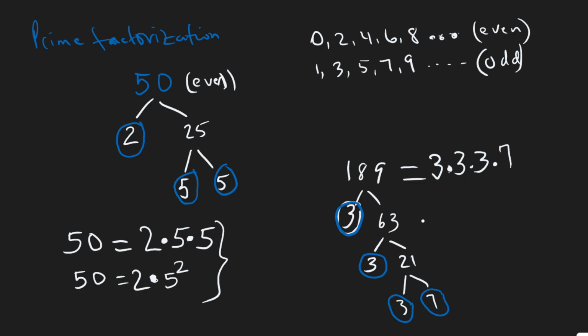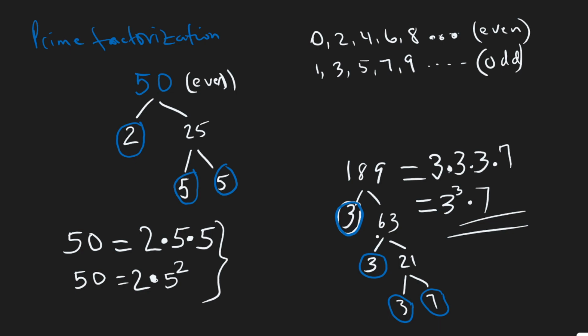But you know what? I can write this. How many times have we taken 3 as factors? 3 times. So I can write it 3 cubed times 7. Guys, this is the answer. This is prime factorization. We will need the prime factorization to simplify fractions.